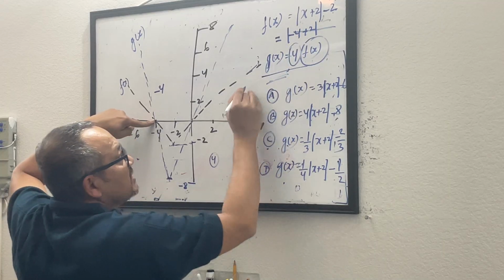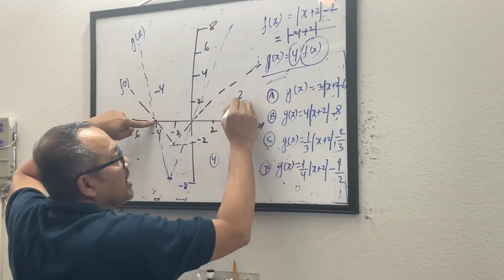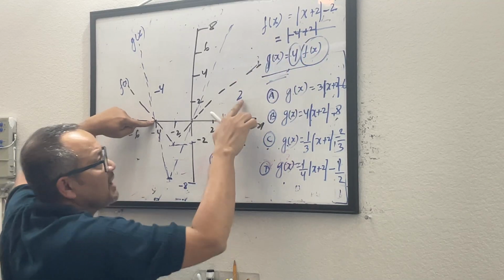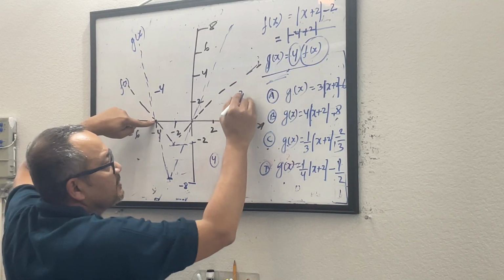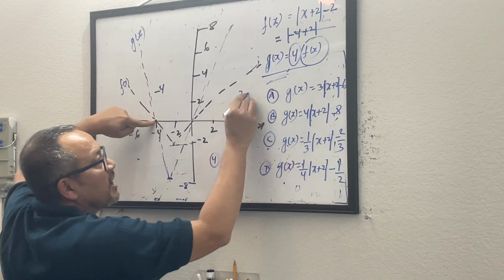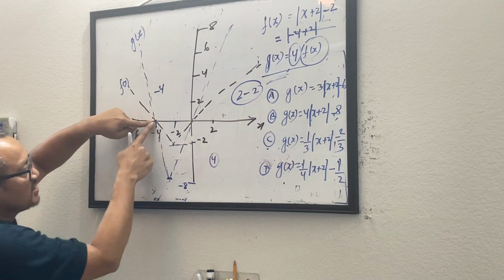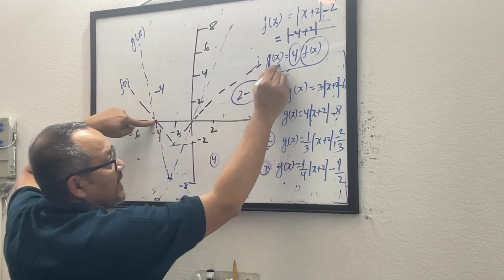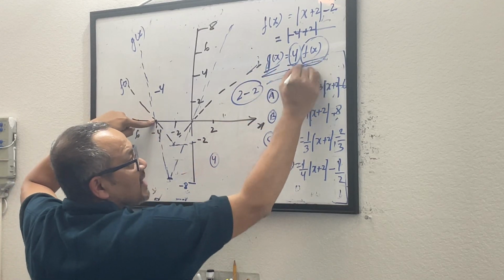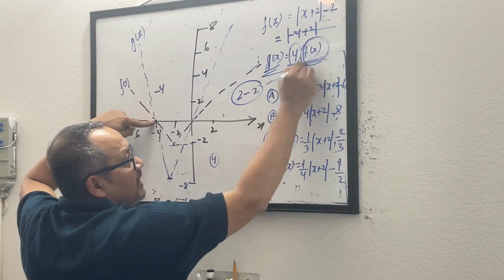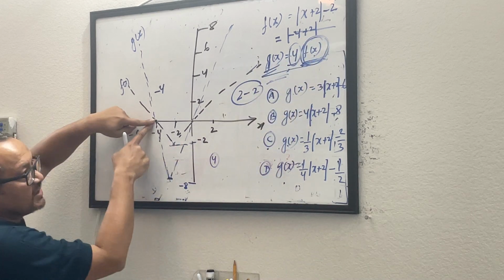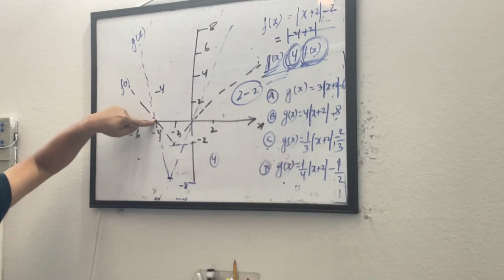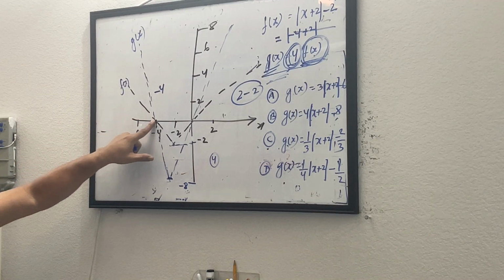Minus 4 plus 2 is minus 2. Mod of that will knock out the sign. So this becomes 2. 2 minus 2 is 0. That's why you are seeing y value is 0. F of x is 0 here. If g of x was 4 times whatever was the x value, if f of x for minus 4 is giving you 0, even if you multiply by 4 or 24, you will still get 0. That's why these two are coinciding at this point.